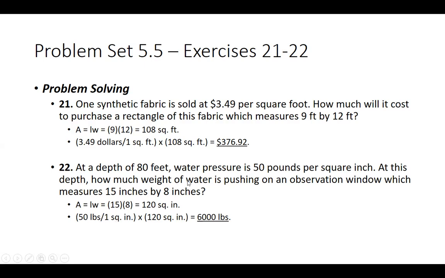We want the weight of the water. 50 pounds per square inch times 120 square inches gives us 6,000 pounds. Some quick mental math tells me that that's 3 tons of water pressure, because a ton is 2,000 pounds.